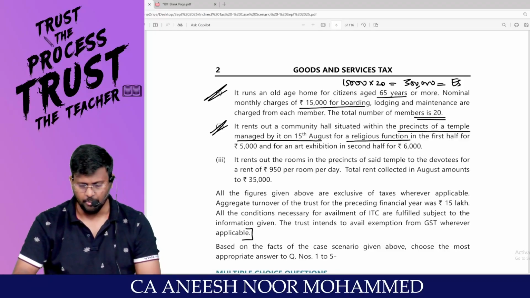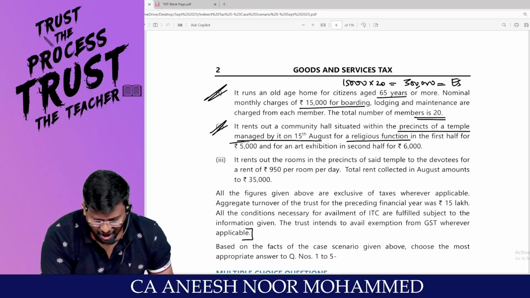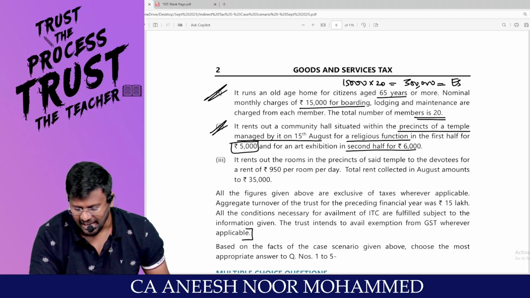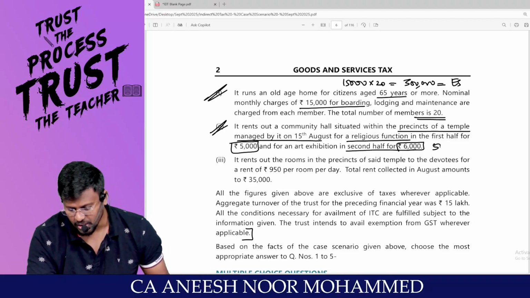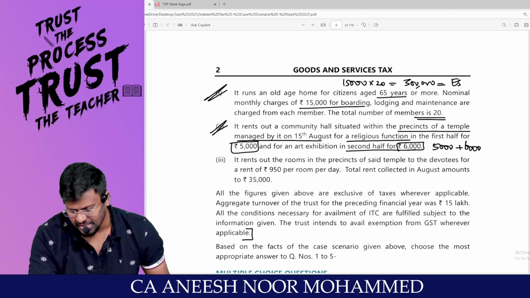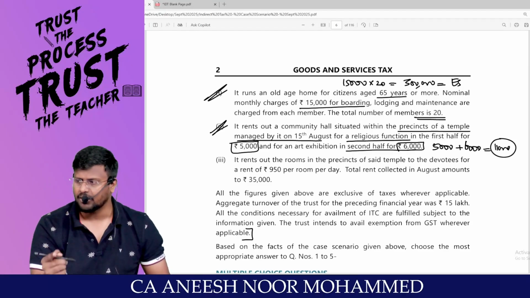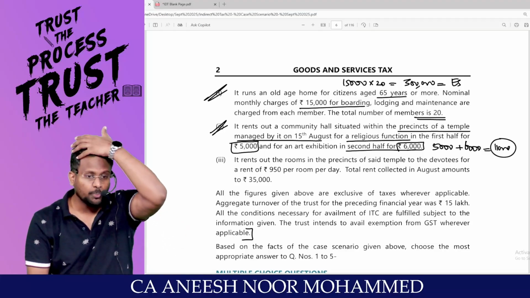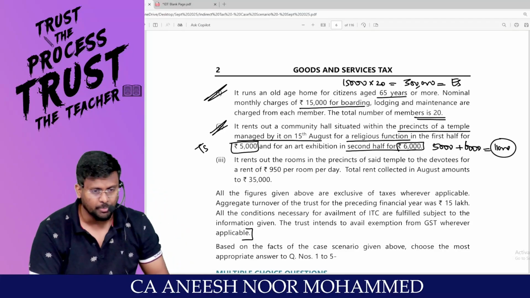Are you remembering the exception? First half for 5,000 and second half for 6,000. That means 5,000 plus 6,000 comes to 11,000, which is more than 10,000 per day. Hence, this should be taxable supply. Are you able to appreciate?